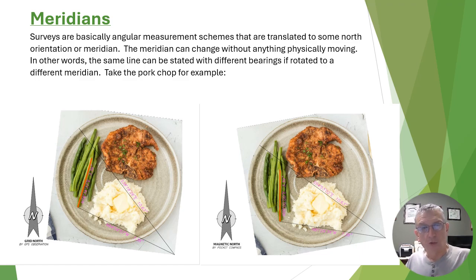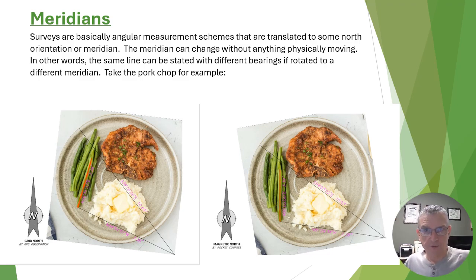So one surveyor may have gone out with a pocket compass, might have been off a degree or two, but it was only good to the nearest degree to begin with, probably the nearest 2 degrees. The other surveyor may have rotated his whole line to match that bearing, or he may have rotated to match another bearing, or he may have rotated it to his compass, or he may have taken a solar observation or a Polaris observation at night to determine a geodetic north. It may be on grid north.